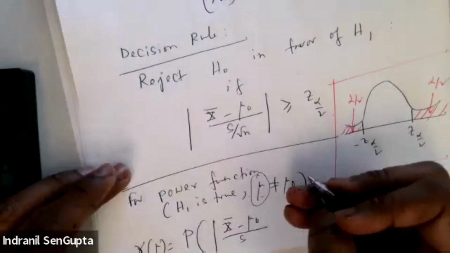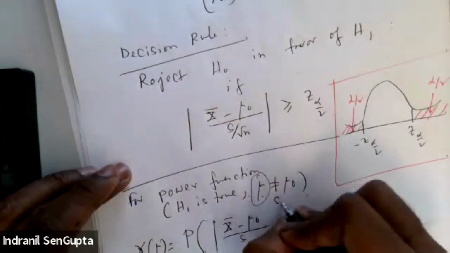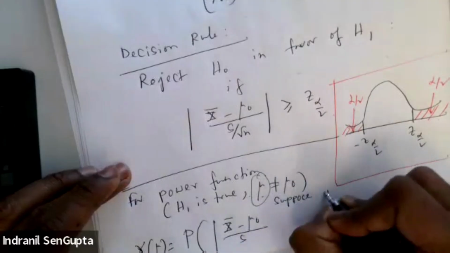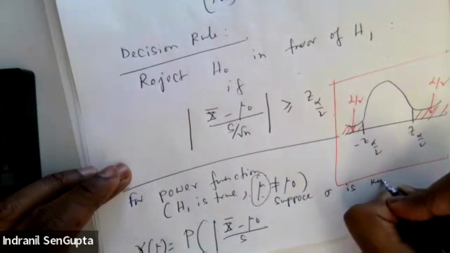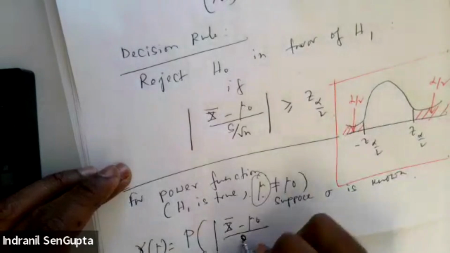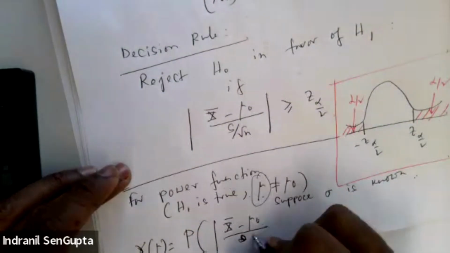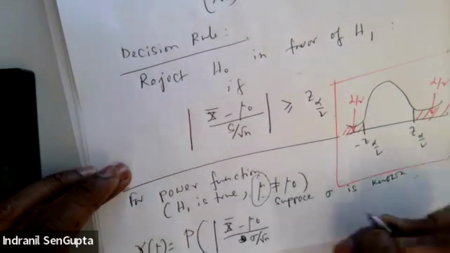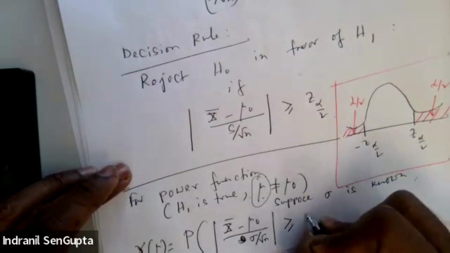Suppose we know sigma, or it is estimated. So instead of s over square root of n, I can write sigma over square root of n.